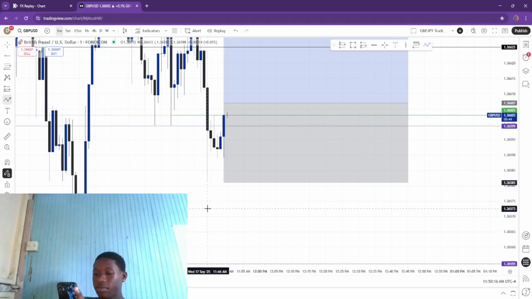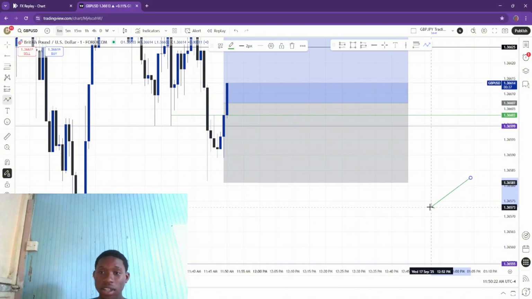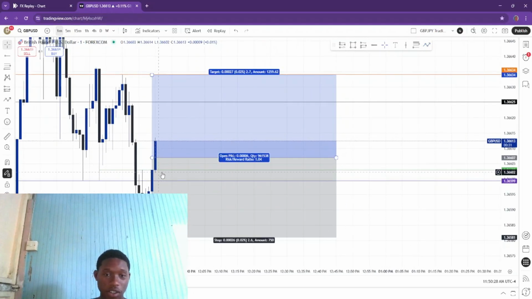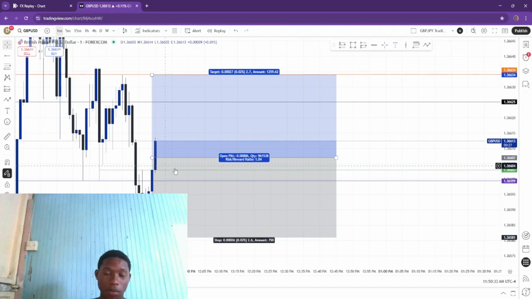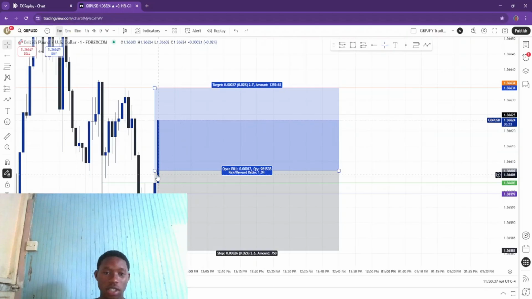Not looking good. Remember what I tell you all. Remember what I tell you all. If price does sweep that low before it sweeps that high, chances are it's not going to reverse. You're not going to hit our TP1.